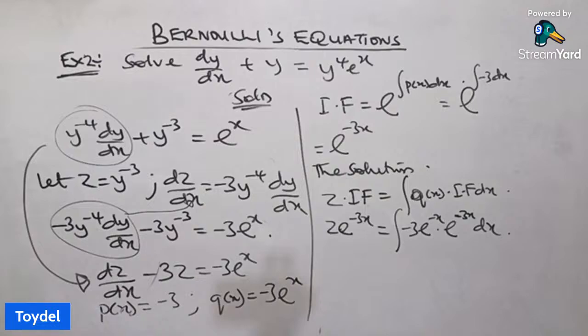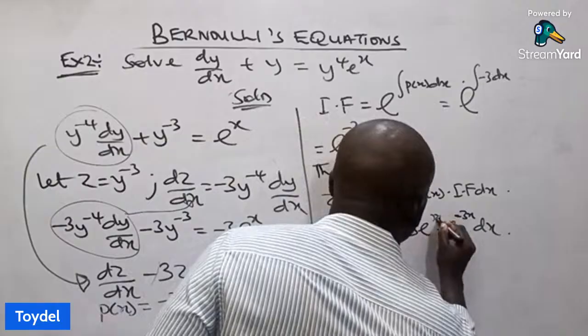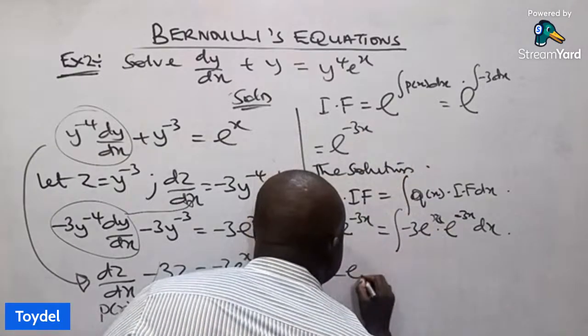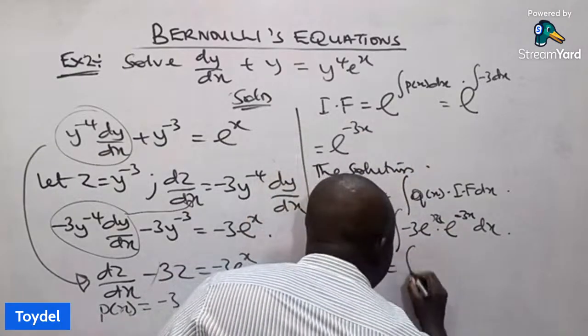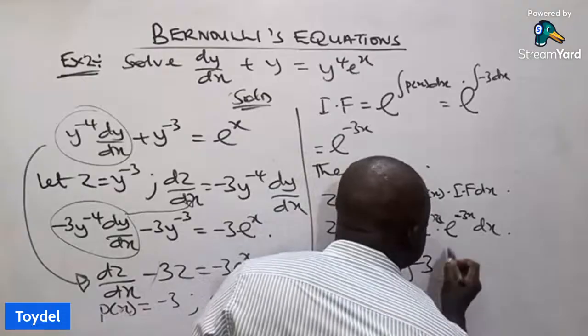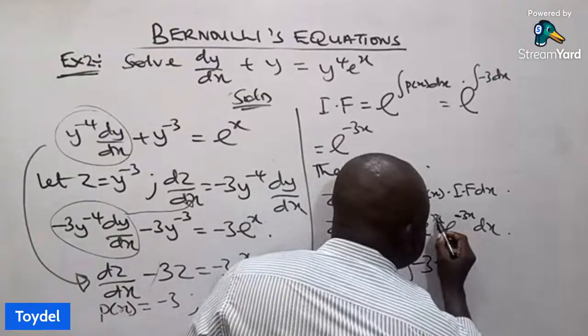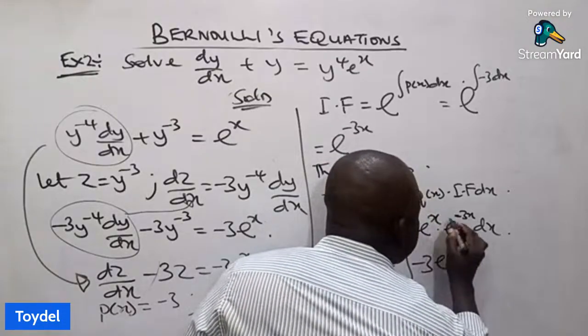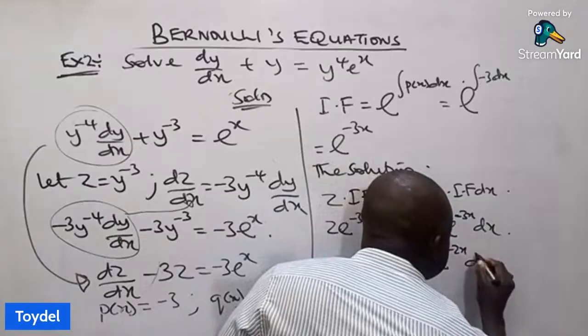So what do we do? From there, we combine what we have at the right hand side. If we do that, we have z exponential minus 3x equal to the integral of minus 3 e raised to power x times e raised to power minus 3x, which is minus 2x, dx.